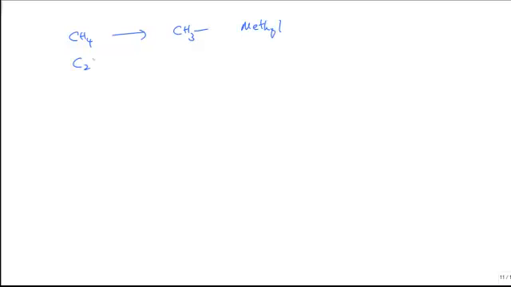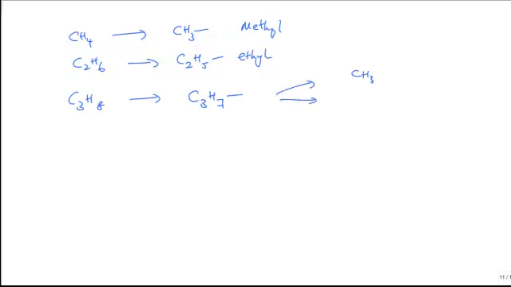When we have ethane and it becomes an ethyl group, let's call it ethyl. When we have propane, there are now 2 of them. We have this one, and we have this one. For the smaller alkyl groups, the names are not fully systematic, so you have to learn them.